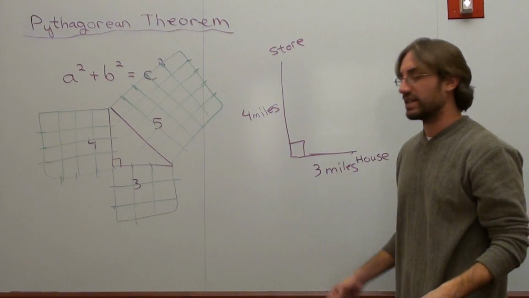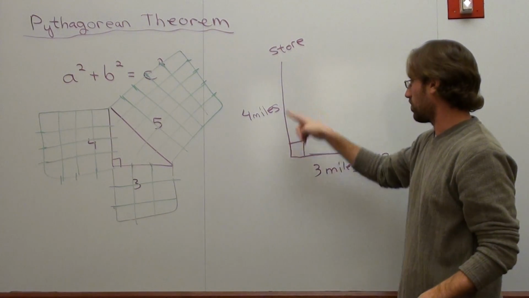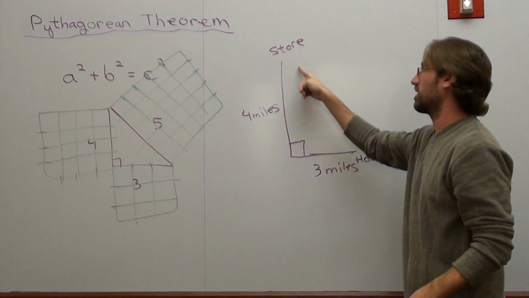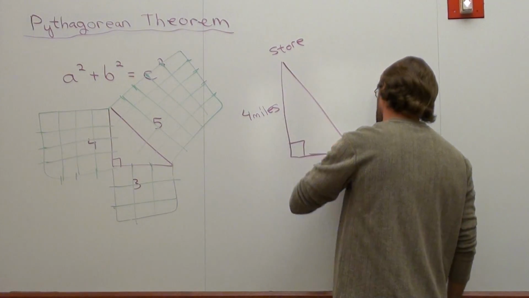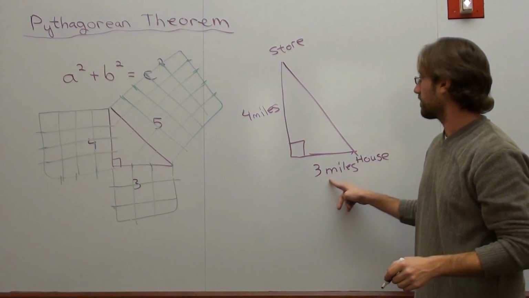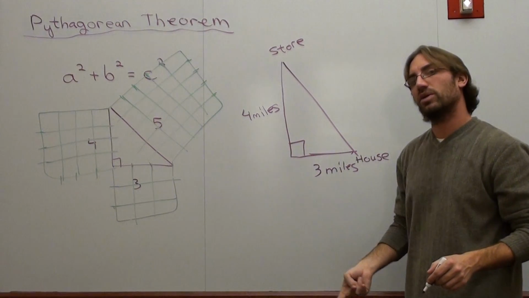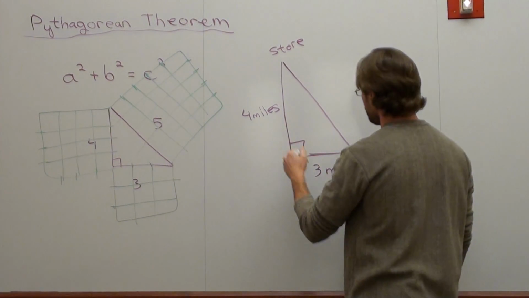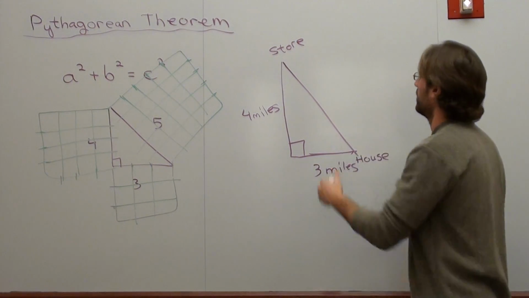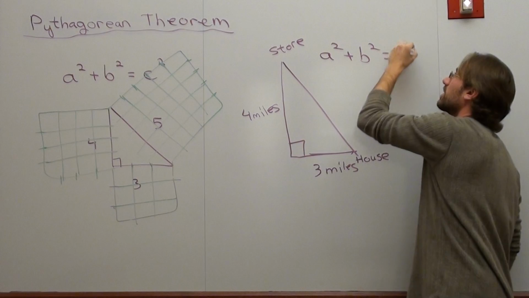All it's basically saying is, if I create a right angle, and then instead of going from the store back to this road, back to my house, I want to cut through because I want to save as much time as possible. Well, it's more than 3, it's more than 4, but it's less than 3 and 4 combined. How do you find that? You use the Pythagorean theorem: a squared plus b squared equals c squared.